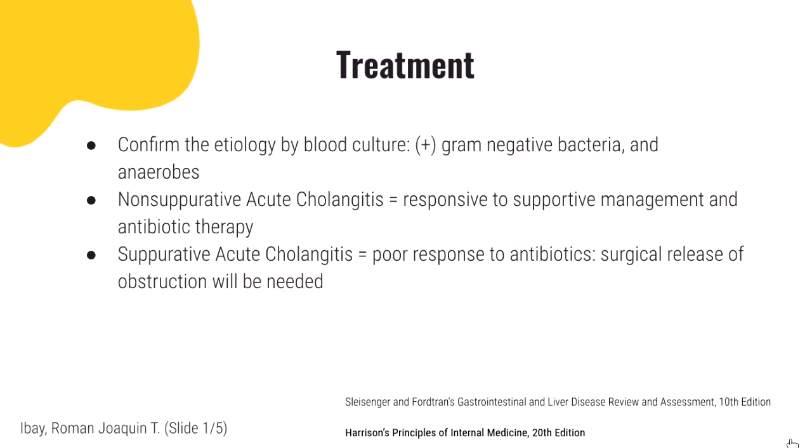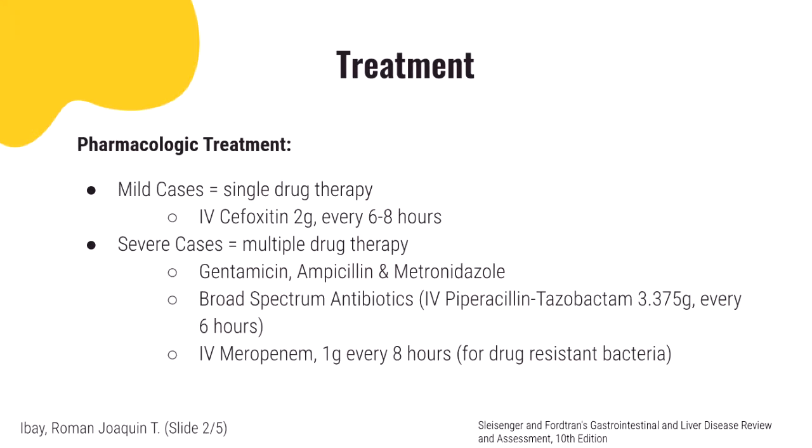Next slide. So pharmacologic treatment based from Schlesinger is for mild cases, a single drug therapy should be given. IV cefoxitin 2 grams every 6 to 8 hours following the antibiotic stewardship.